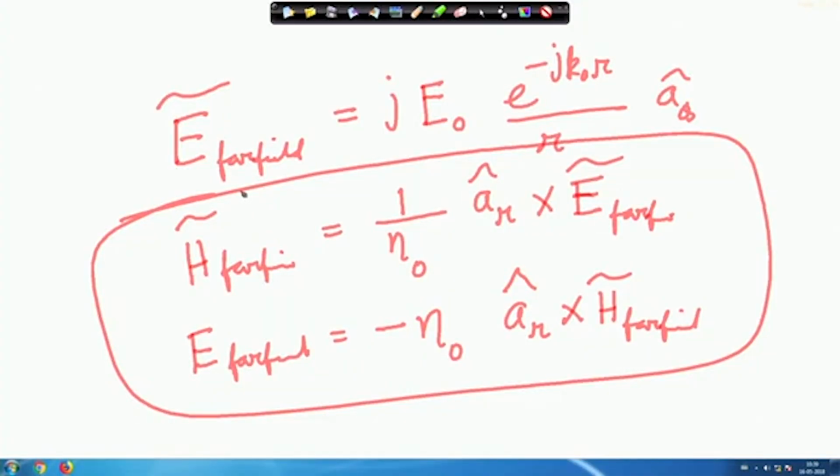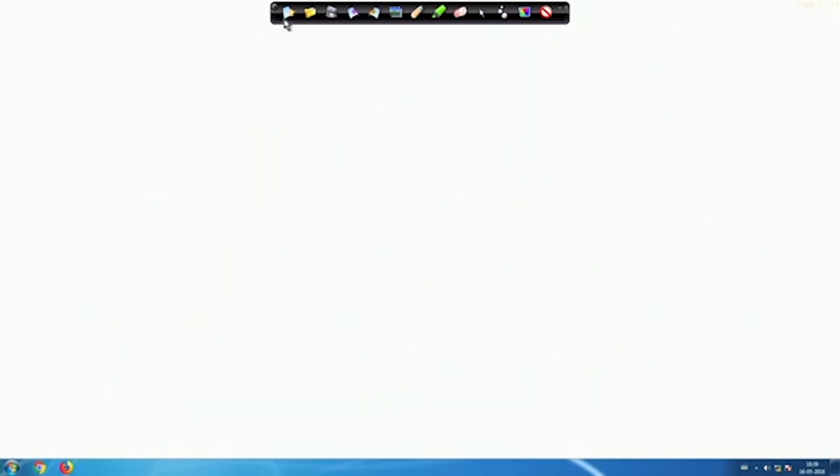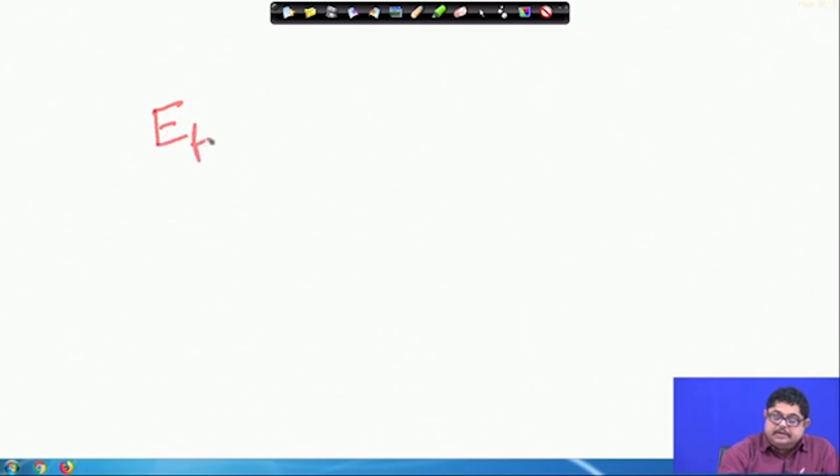Now, this is true of all antennas. Though we have derived it only for this one, people have derived it generally, that the far fields of all antennas have this type of structure. So, this is an important revelation, and from this we can also find the time domain expression of the far field.